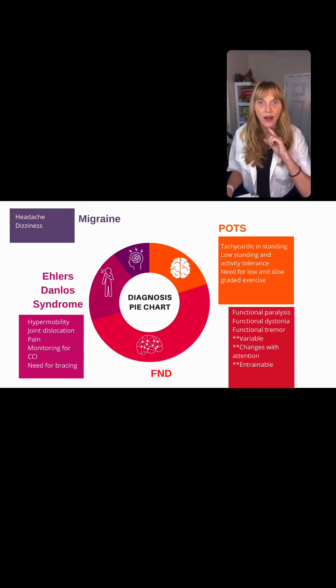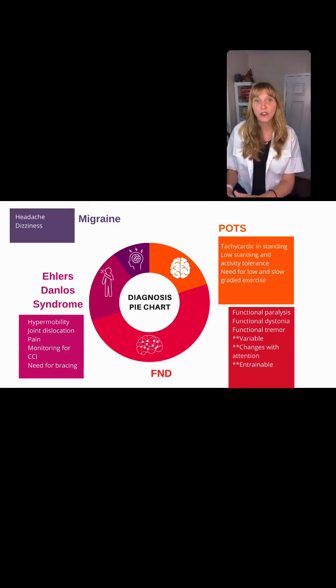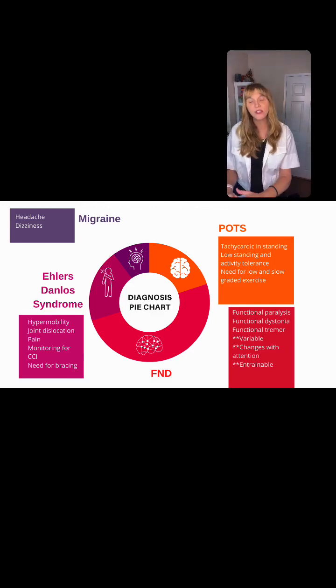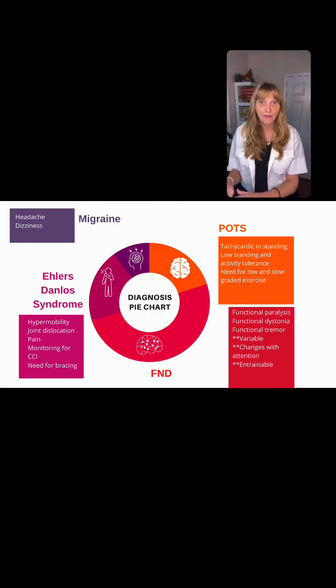Great question. Do you associate FND with function in the basal ganglia? I wish I had another picture to show you here. It depends, but I don't image the brain; I read the studies looking at loads of imaging in the brain, and the basal ganglia hasn't been a huge highlight in functional neurologic disorders, but other parts of the brain have: the right temporoparietal junction, supplementary motor areas, and how these parts of the brain talk to each other.